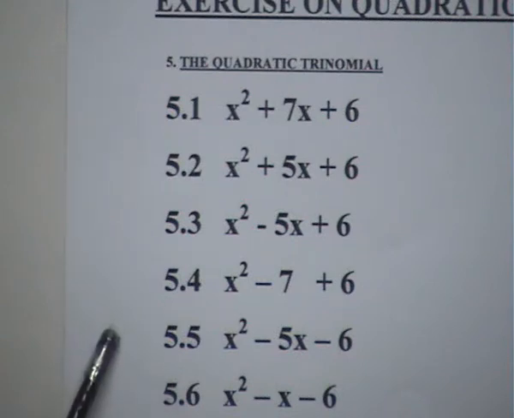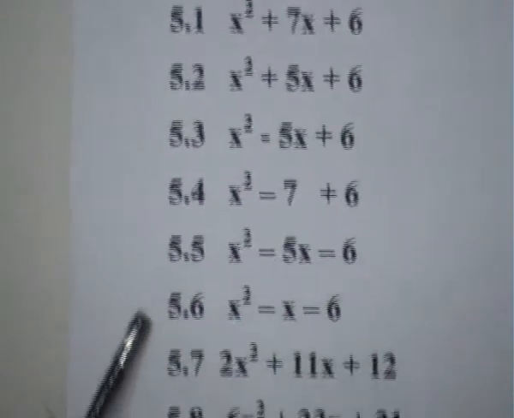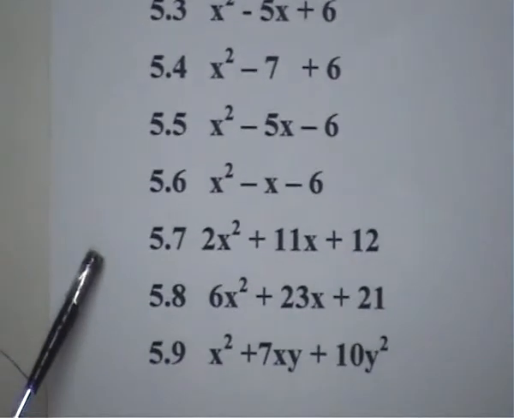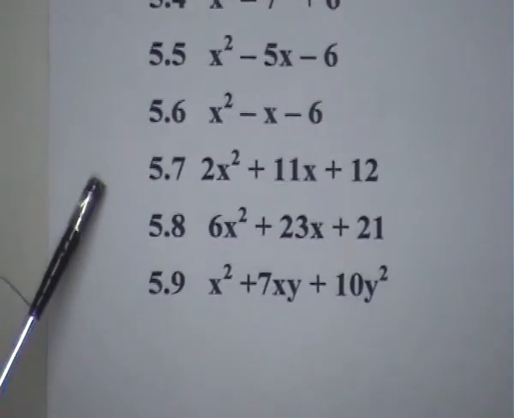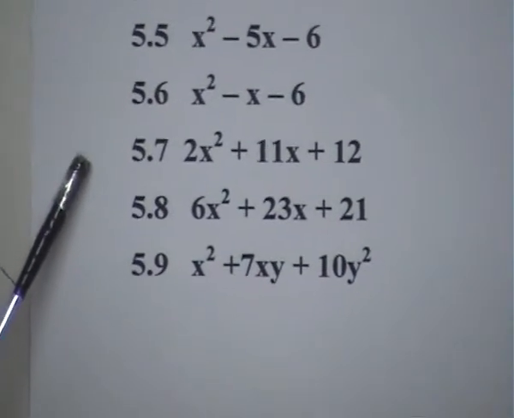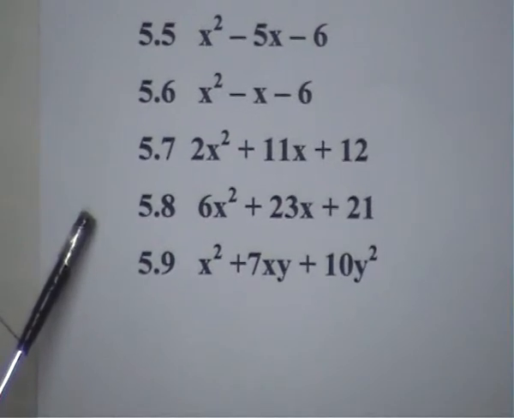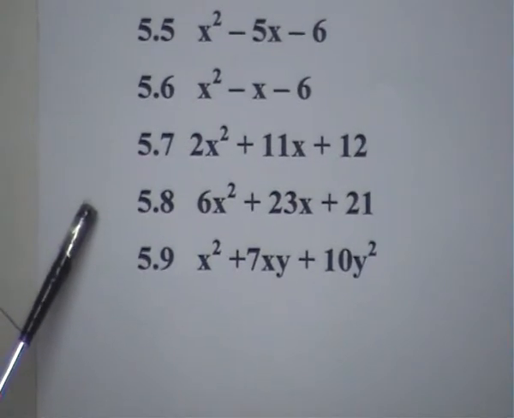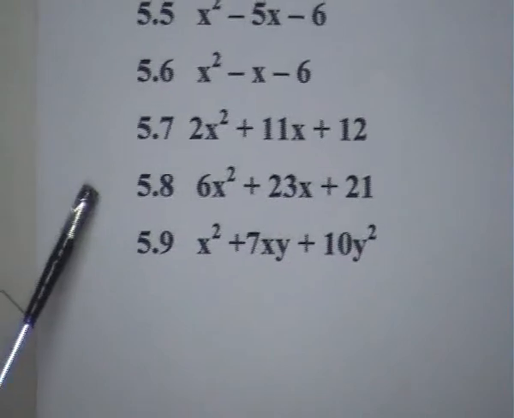5.5, x squared minus 5x minus 6. 5.6, x squared minus x minus 6. 5.7, 2x squared plus 11x plus 12. 5.8, 6x squared plus 23x plus 21.